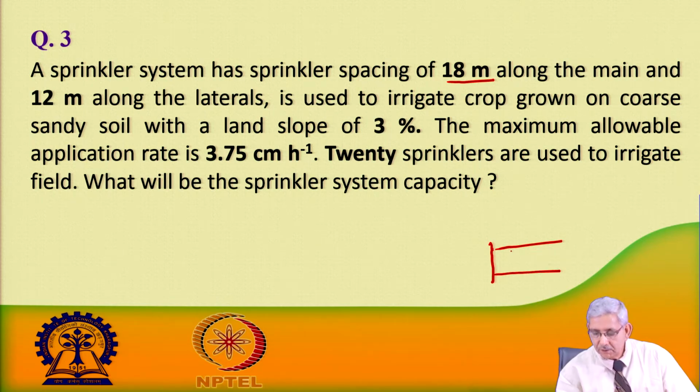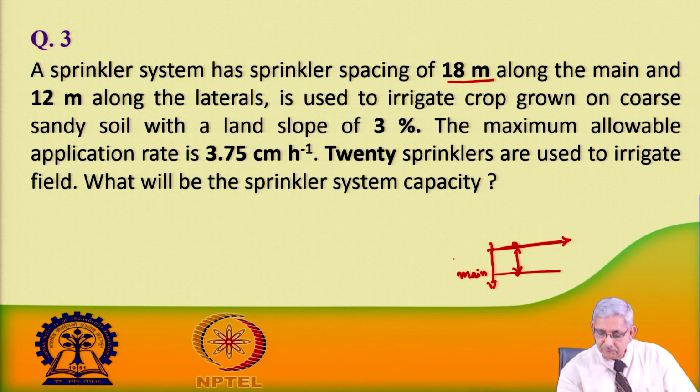Now, the spacing of the lateral, spacing of the sprinkler. So, this is one sprinkler, this is another sprinkler, so this is your main pipeline, this is a lateral pipeline.